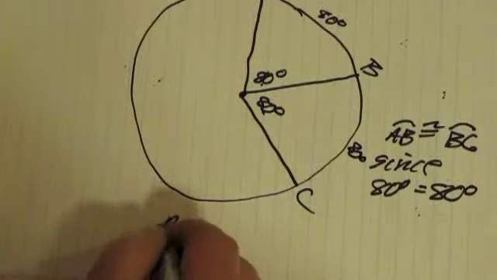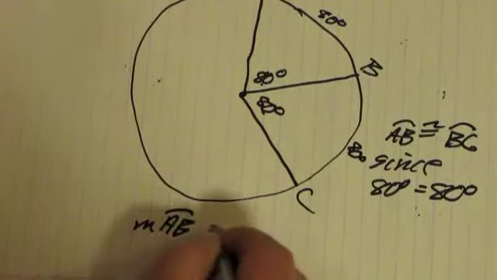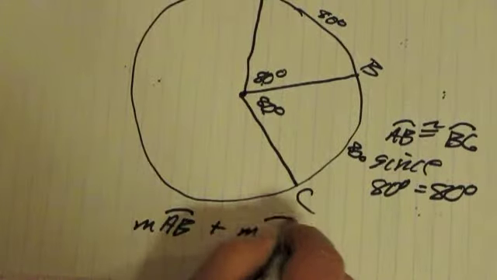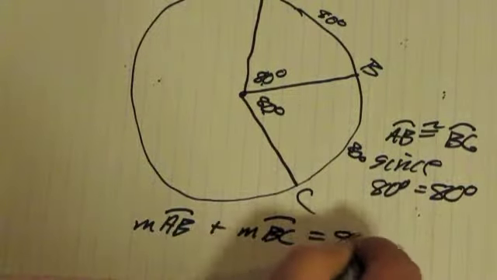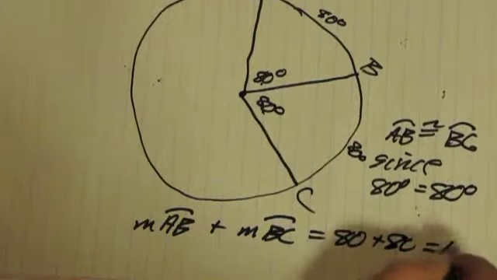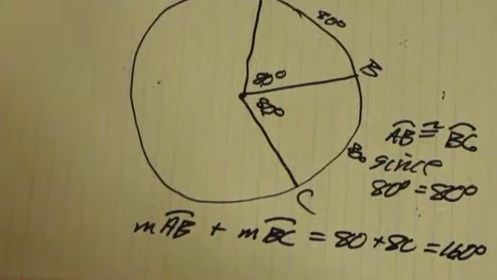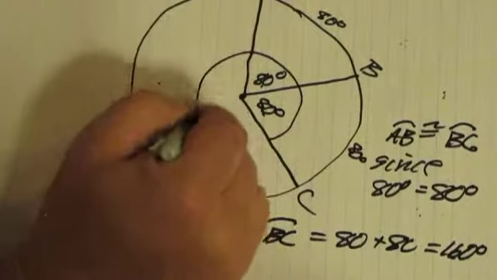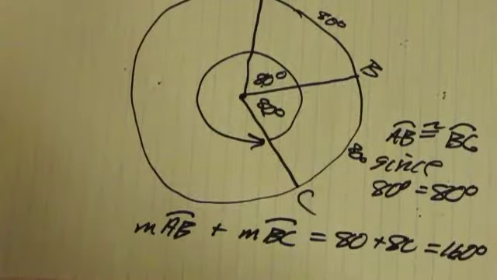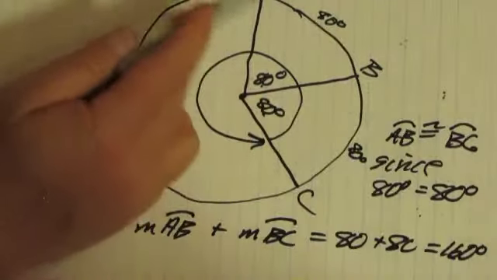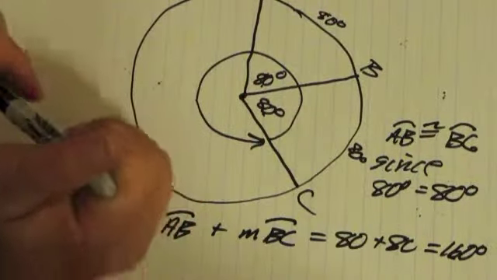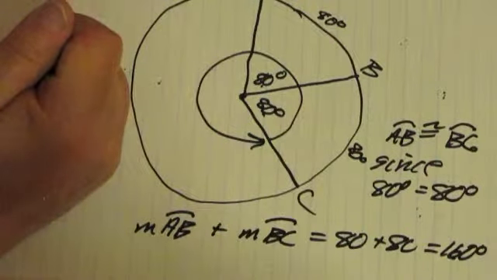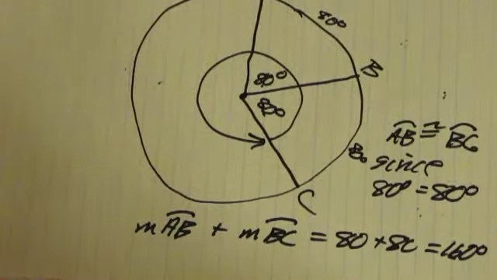And the sum of the arcs, the measure of arc AB plus the measure of arc BC, is equal to 80 plus 80, or 160 degrees. A consequence of this is, a few moments ago we talked about how all the angles added up to 360. Therefore, all the arcs added up equal 360 degrees as well. So, pause a moment, make sure your notes are clear from this video, and then we're going to do a couple of problems.